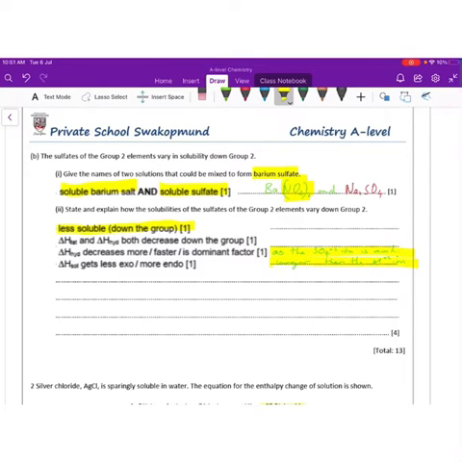So barium nitrate, soluble. All group 1 elements in compounds are soluble. So sodium sulfate or barium nitrate. But please remember, sulfate has a -2 charge. Nitrate is a -1 charge. You need to balance those out to get to the correct formula.